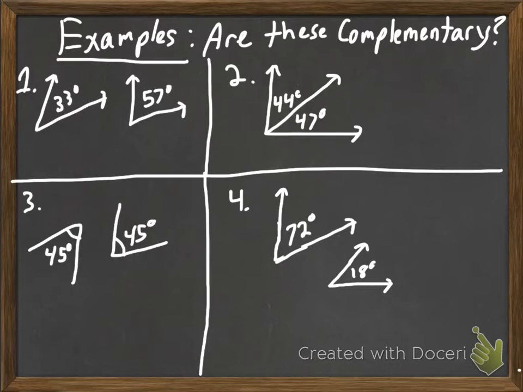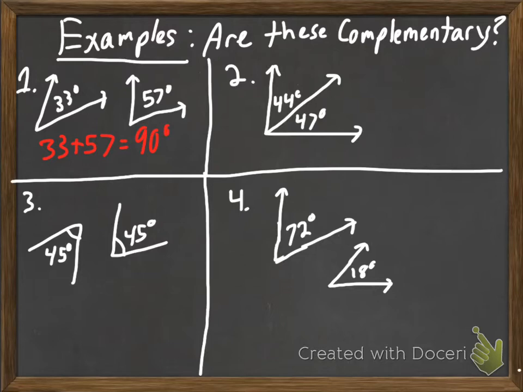Are these complementary? So I want you to pause the video and check to see, are these four angles complementary? Okay, so let's start with number 1. If you look, we have 33 plus 57. That gives us 90.